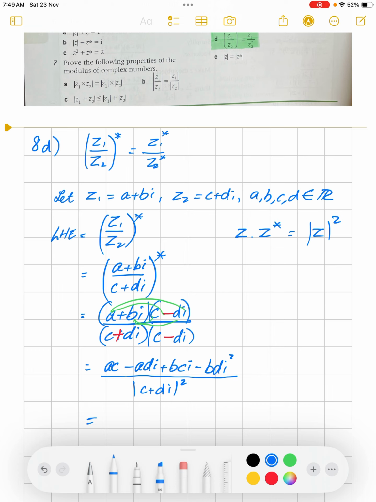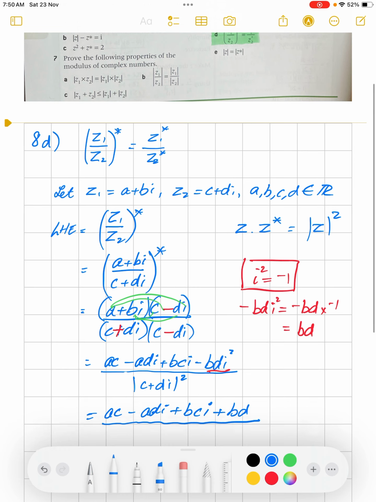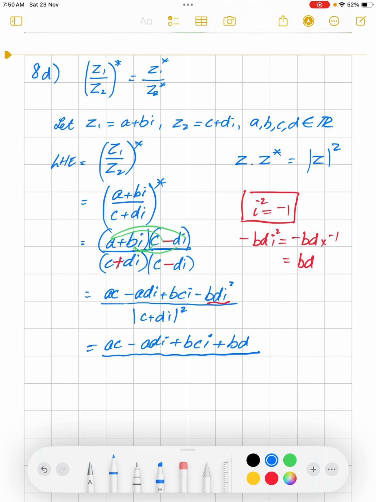So I will take that I squared here, and we know that I squared is -1. So when you've got minus BDI squared, we'll change that to minus BD times -1, so we'll change that to plus BD. So AC minus ADI plus BCI, we'll change that to plus BD. And on the denominator, let's just square the modulus, so it's C squared plus D squared.